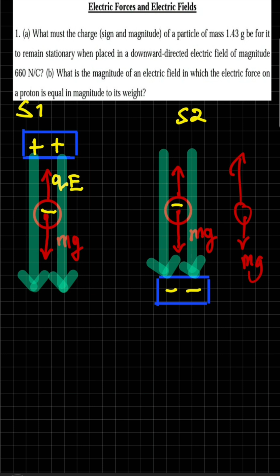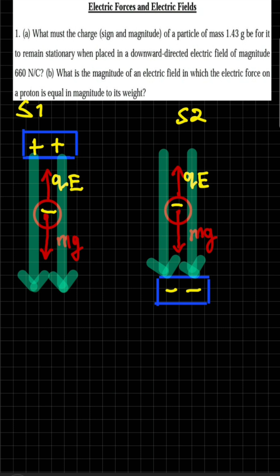So the force that we'll have there is a repulsion force. So you see that in both cases the particle is negatively charged. This is just to show that it doesn't matter which scenario you choose, as long as the electric field is directed in the direction mentioned in the question.